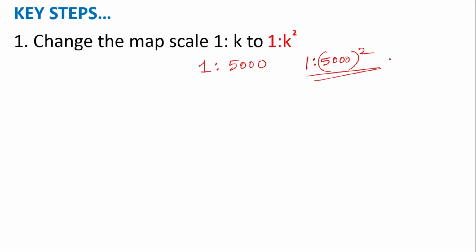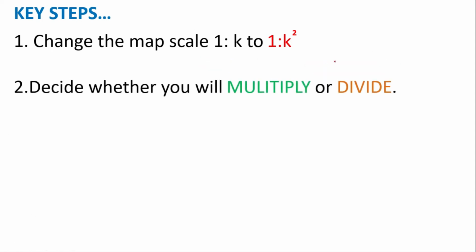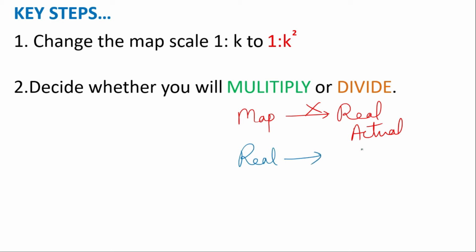So you'll be using this. Now decide whether you will multiply or divide. From the map to the real world or the actual, you have to multiply, and from the real to your map, you have to divide.